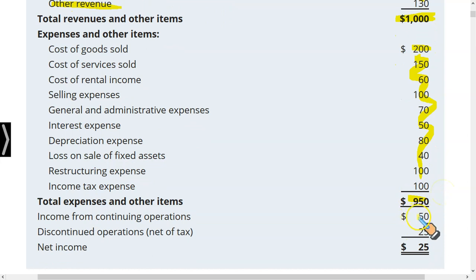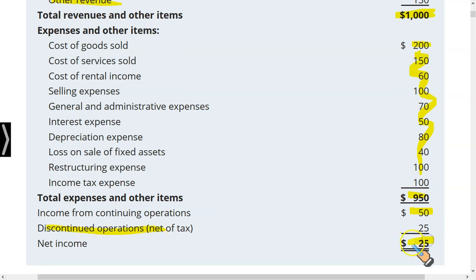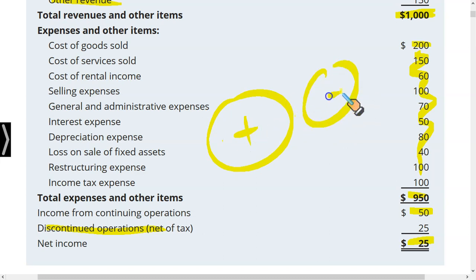And this gives you the income from continuing operation. Then discontinued operations we'll discuss just a little while, and then you get the same net income as we got previously. So it's just a one-step arrangement where you have all the expenses and all revenues in one place to give you the net figure for the profit.